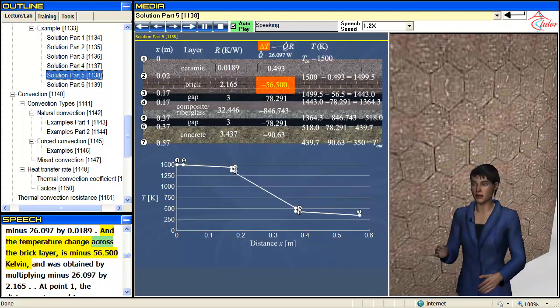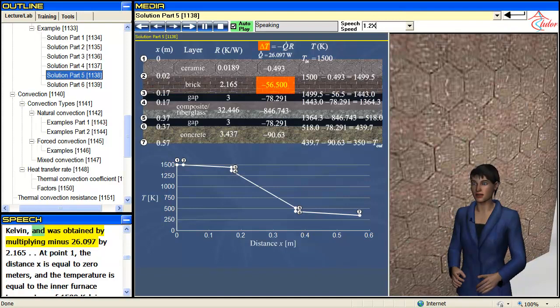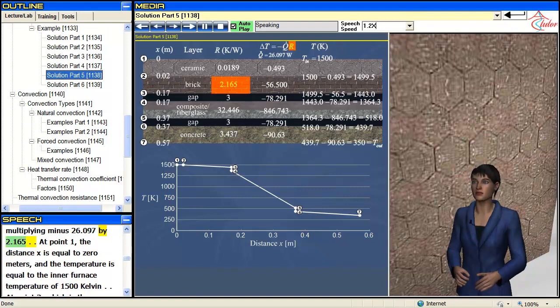And the temperature change across the brick layer is minus 56.500 Kelvin, and was obtained by multiplying minus 26.097 by 2.165.